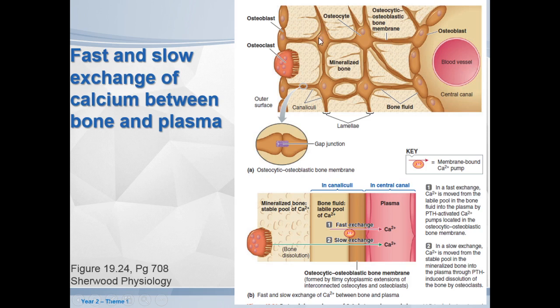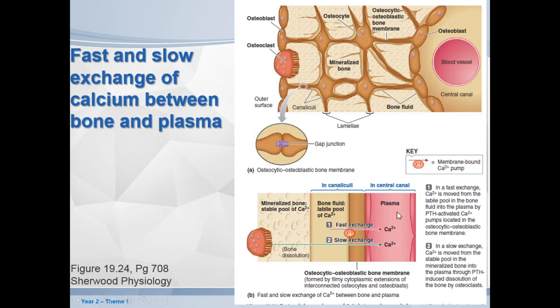In the osteocyte membranes, there are calcium pumps. The parathyroid hormone will stimulate these calcium pumps, so when they are stimulated, they will open. The calcium will be removed from the bone fluid and enter the osteocyte cell, and then from one osteocyte to the next, till it diffuses to the central canal. This is called fast exchange of the calcium.